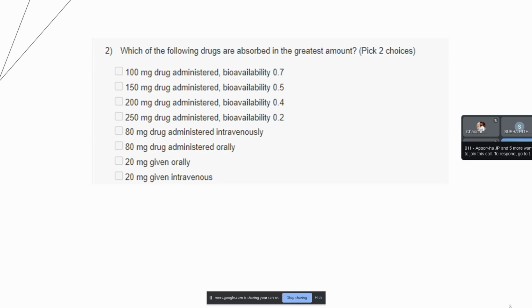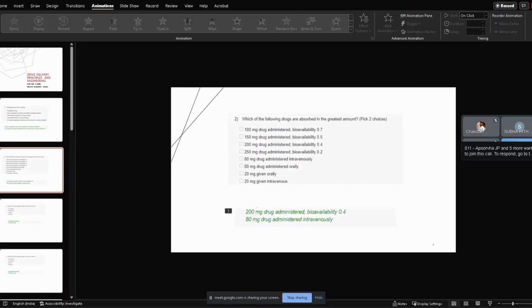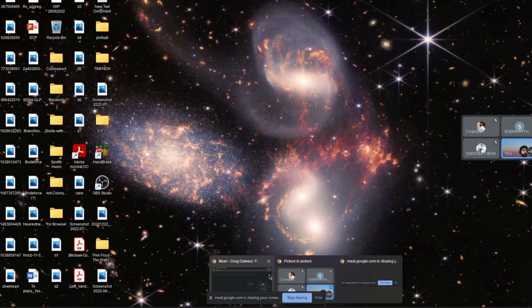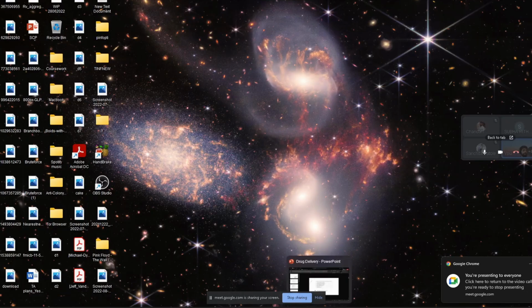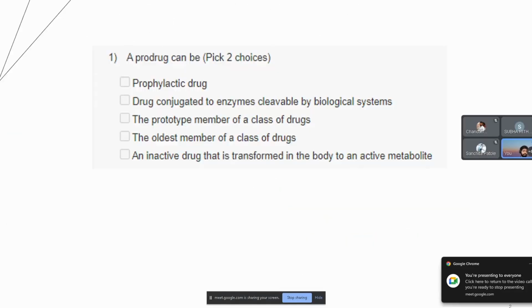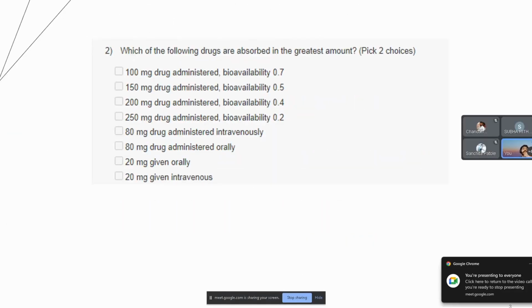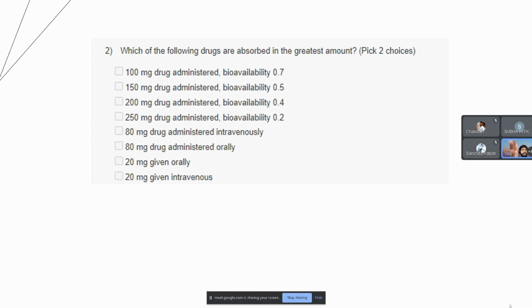The bioavailability is 0.7, so 70% of the total drug administered is going to end up in your blood plasma. It's going to be absorbed by your body. So 70% of 100 mg is 70 mg, right?